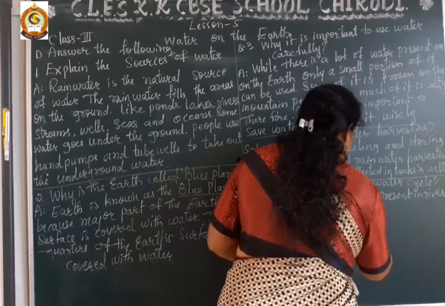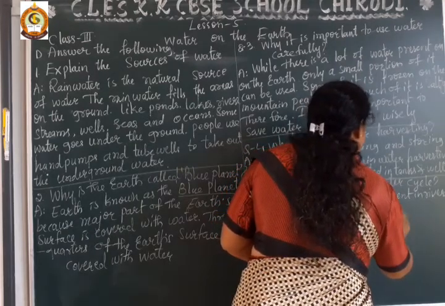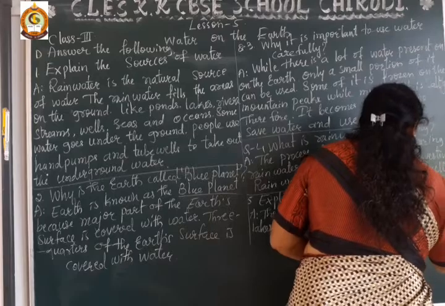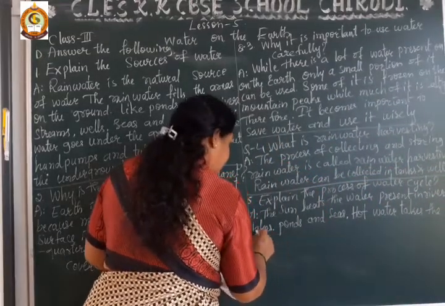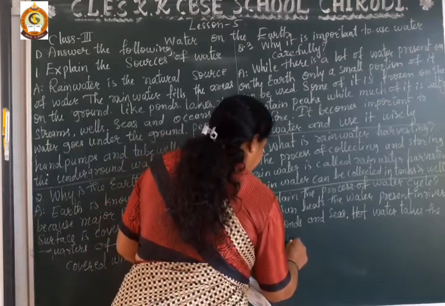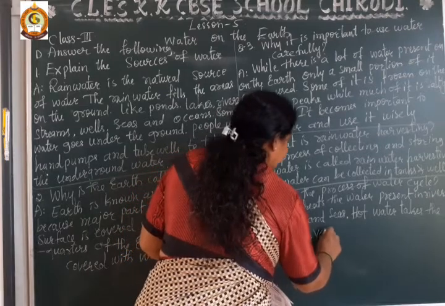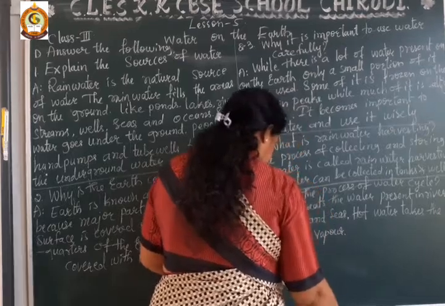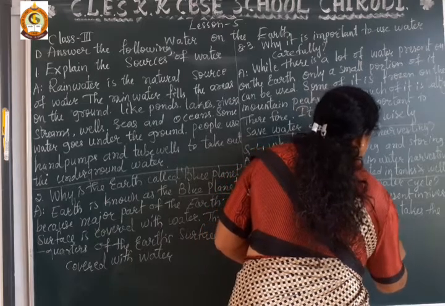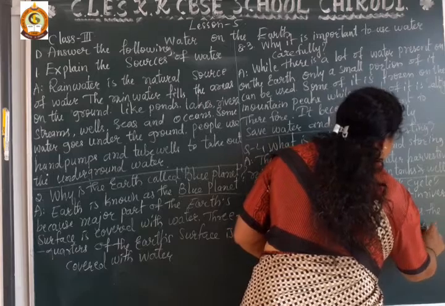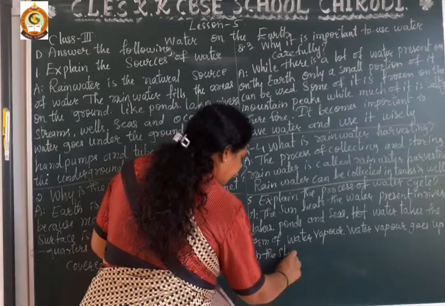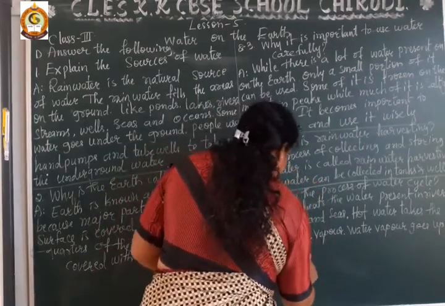Hot water takes the form of water vapor, and water vapor goes up in the sky and forms clouds.